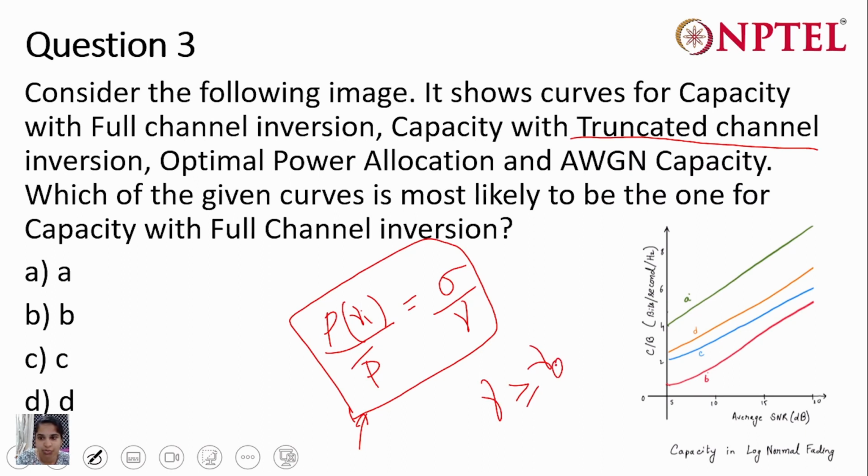So something like that is for truncated channel inversion. It could be B. Okay. B or D? B. Yes. So you're right.